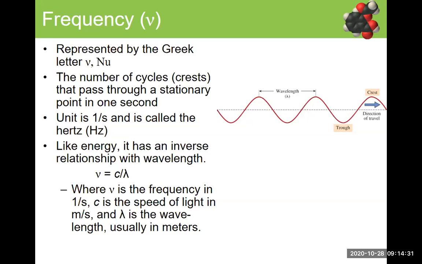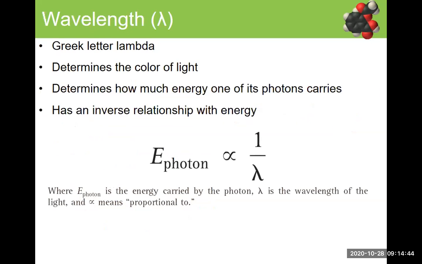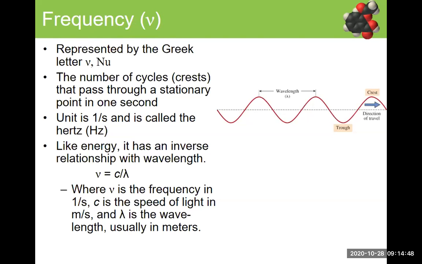If you leave it in nanometers or something like that, it's not going to work out because the units won't cancel properly. So this is another relationship that you should know. Just as this is one you should know, the energy is proportional to 1 over the wavelength, and frequency equals speed of light divided by wavelength.